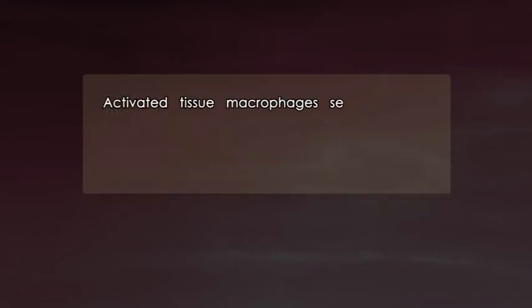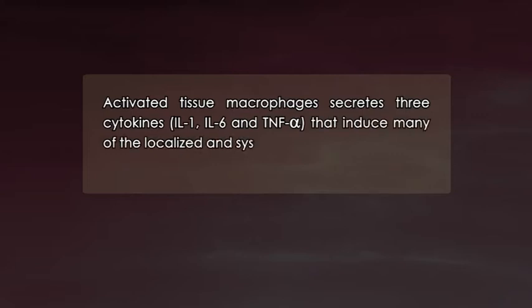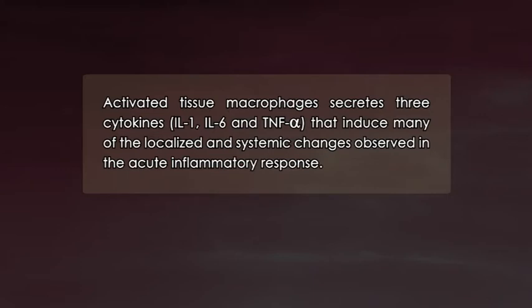Activated tissue macrophages secrete three cytokines, interleukin-1, interleukin-6, and TNF-alpha, that induce many of the localized and systemic changes observed in the acute inflammatory response. All three cytokines act locally, inducing coagulation and an increase in vascular permeability.